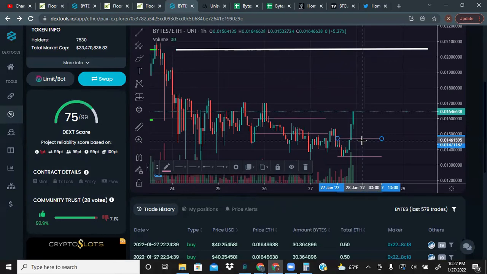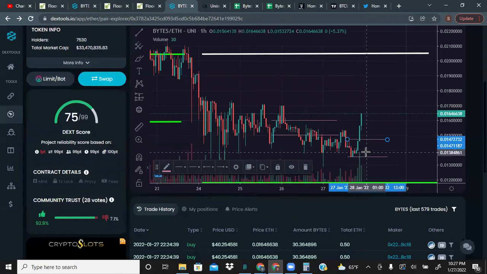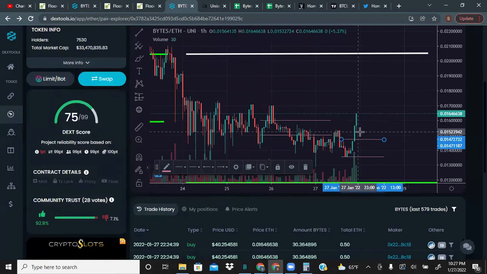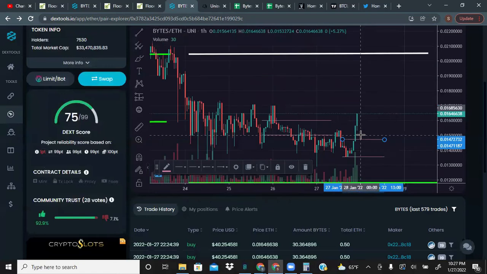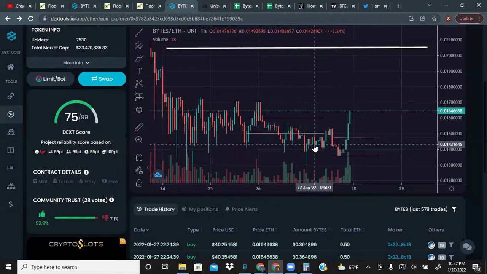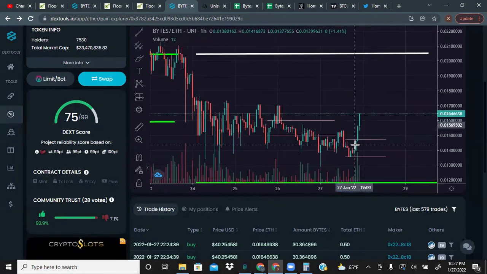So in a way, I'm just protecting myself against the downside, and I'm losing upside, but that's okay. That's basically what I'm doing, and I'm able to gain some fees on this sideways action here.